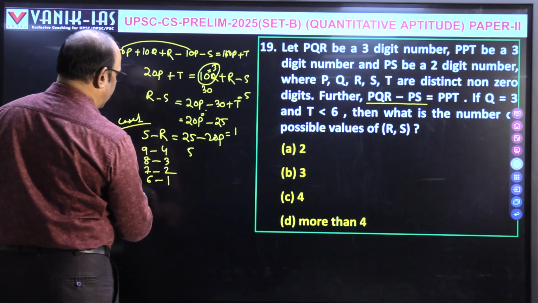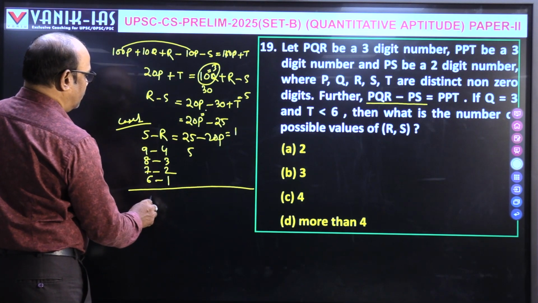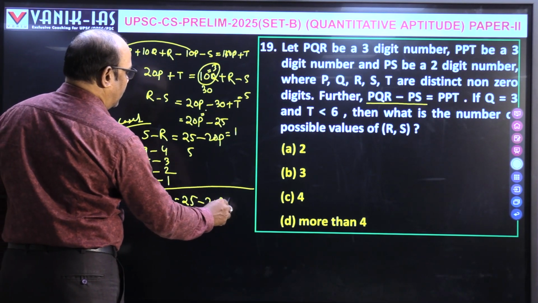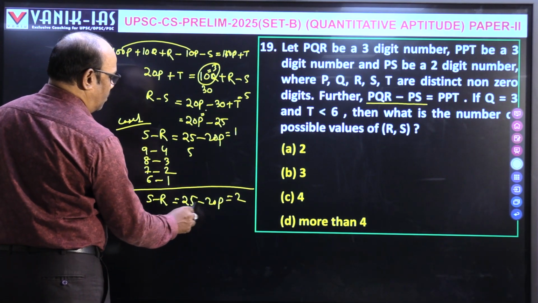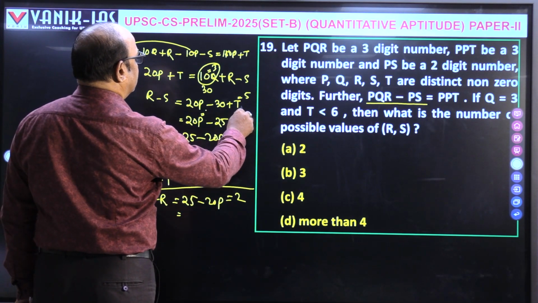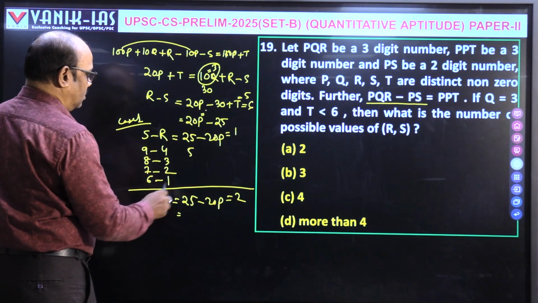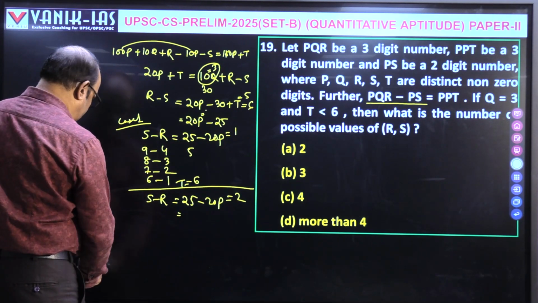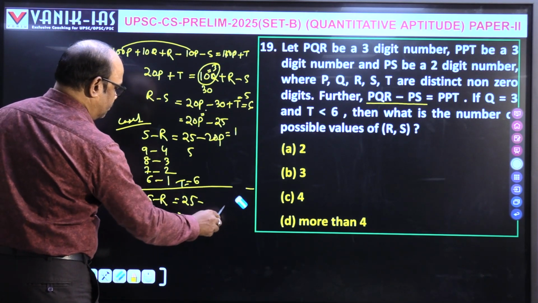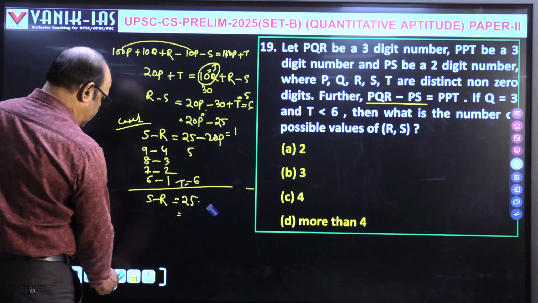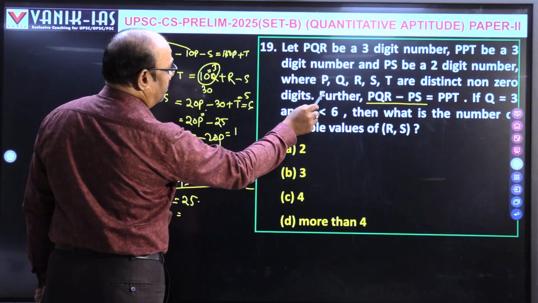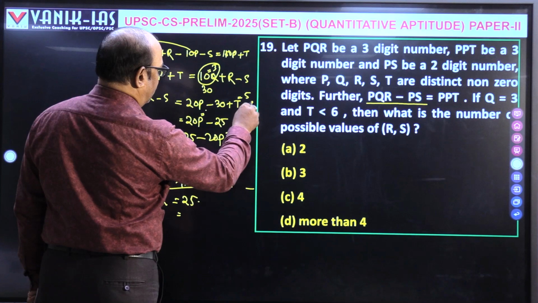If P is 2, second case, S minus R is equal to 25 minus 20P, and with P as 2, that is 25 minus 40. If T is not 6, T less than 6, take it as 4.